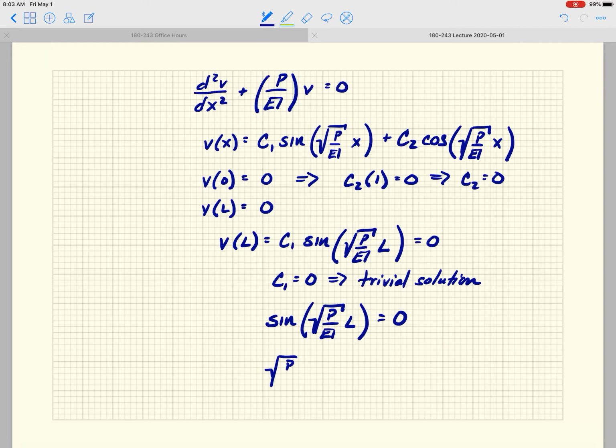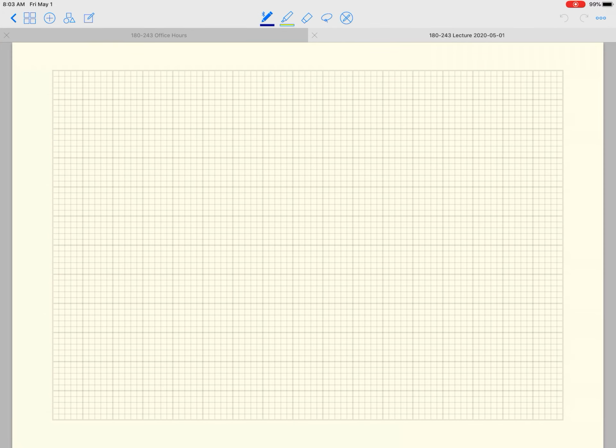That equals 0 when the square root of P over EI times L equals pi, 2 pi, 3 pi, etc. Because we know the sine wave is 0 at those locations.